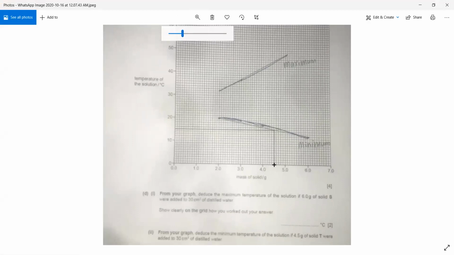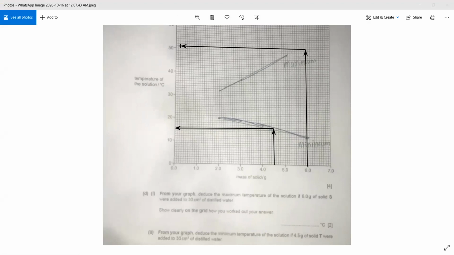So this one is 4.5. We'll draw a line from 4.5 and identify what is the minimum temperature. Is it clear? We need a maximum temperature when we add 6 gram of S, and we need a minimum temperature when we add 4.5 grams of T. Any doubt in this?